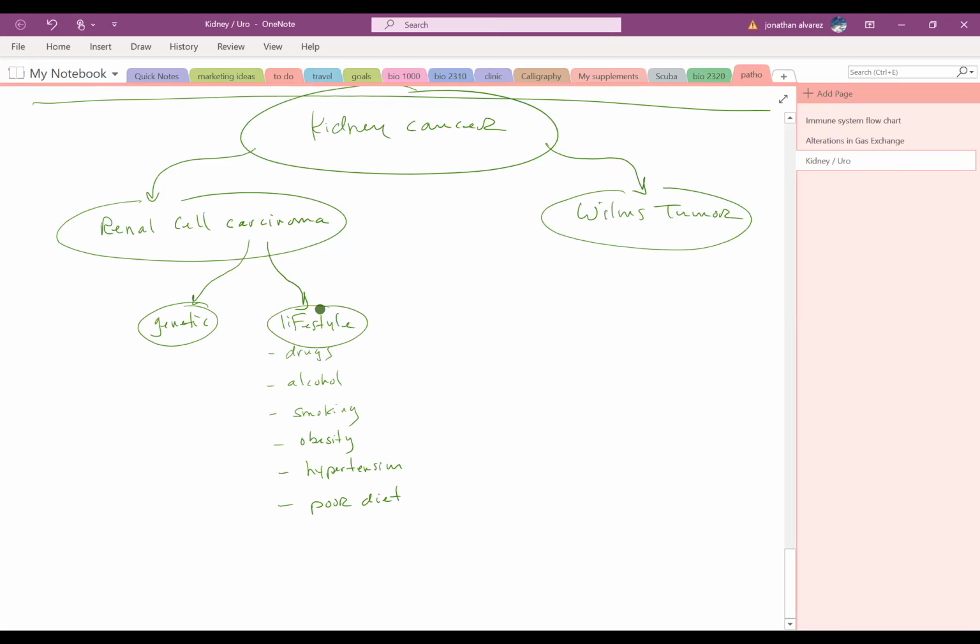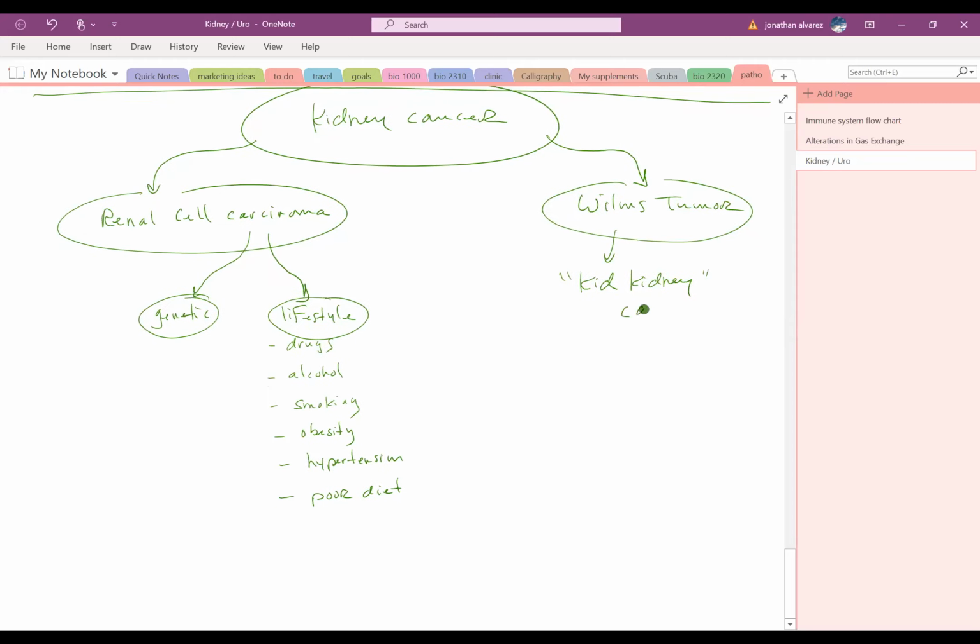Okay, and then a Wilms tumor. This is typically a tumor found in kids, so a pediatric type kidney cancer.